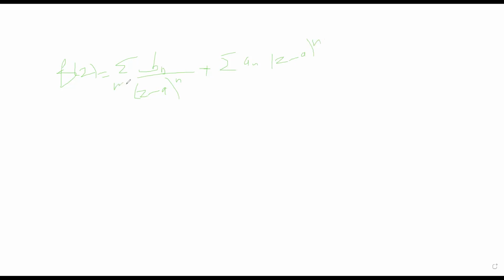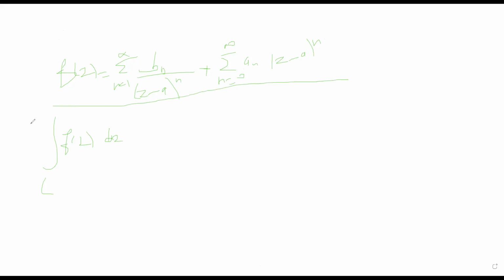Here n varies from 1 to infinity, and here n varies from 0 to infinity. Now we are finding the value of integral over c f of z dz. So by Laurent series, f of z can be written as this.